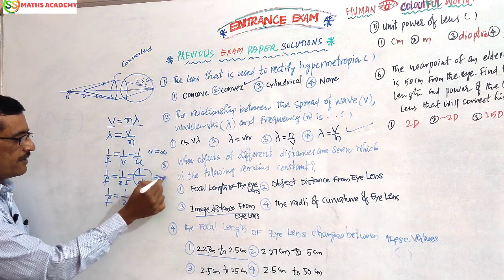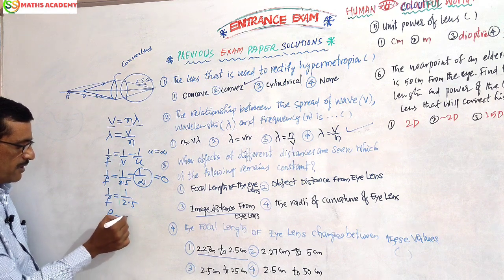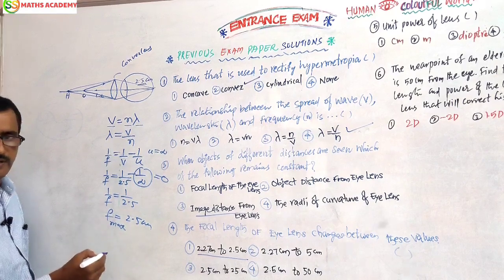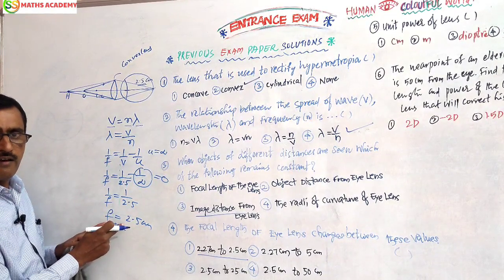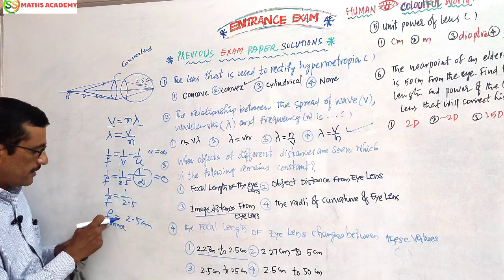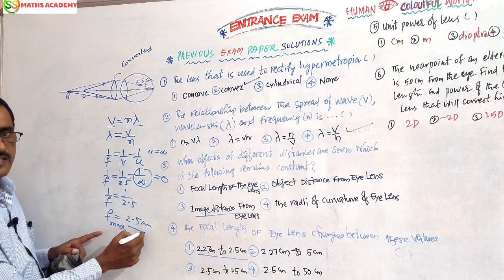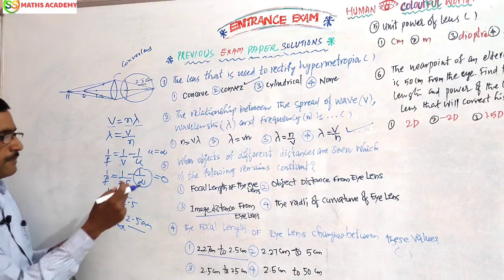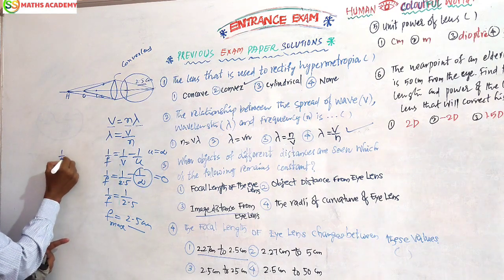From this equation, f maximum equals 2.5 centimeter. So when you see a long distance object, the focal length of the eye lens will be 2.5 centimeter.